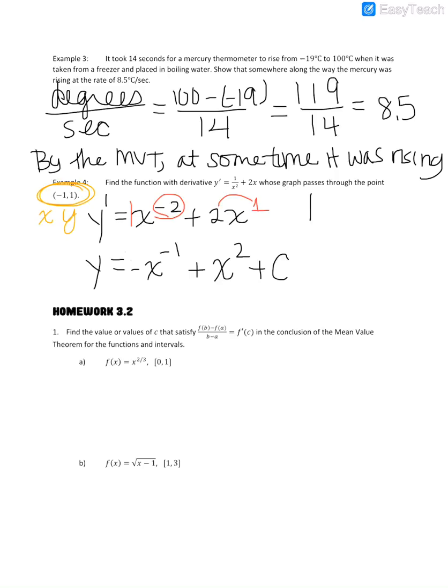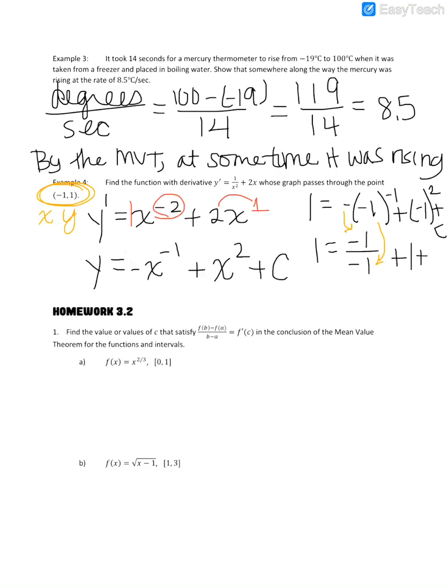Over here, the y is 1, the x is negative 1, plus c. Let's work on this negative 1 to the negative 1. I'm going to rewrite it as a fraction: negative 1 over negative 1, so negative 1 on the top and negative 1 on the bottom.